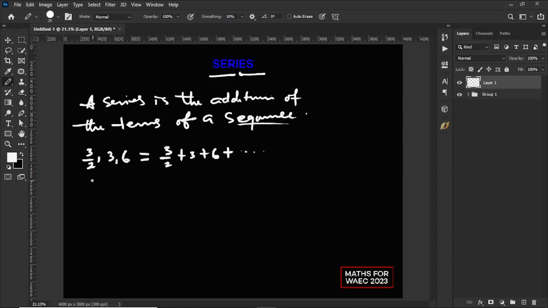Then other examples: if I have a series like 3 plus 5 plus 7 plus 9, this is a series. I can also have 8 plus 9 plus 10 plus 11 plus, and so on.